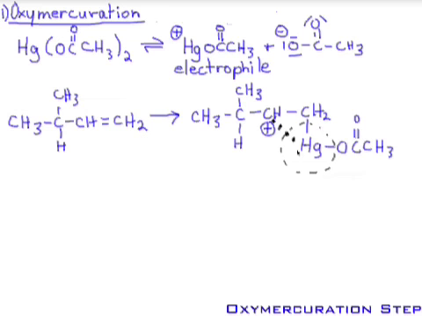The plus stays near those electrons, and the mercury suppresses the 1,2 shift. It stops the 1,2 shift from happening. Essentially, the mercury stabilizes this carbocation so you don't make the tertiary. The oxymercuration step prevents formation of the tertiary carbocation, or prevents rearrangement.